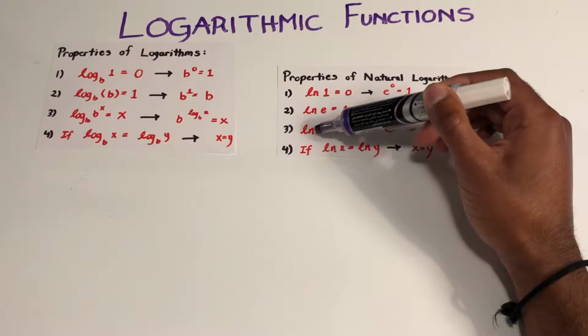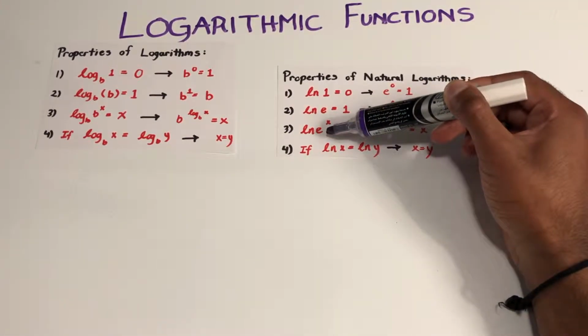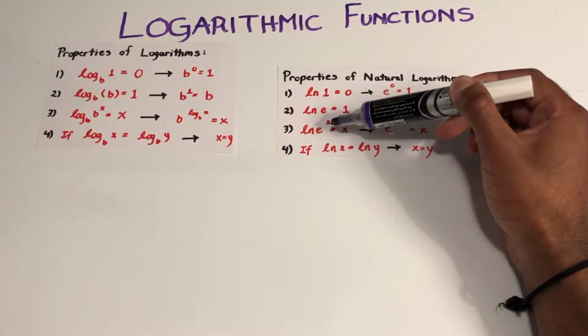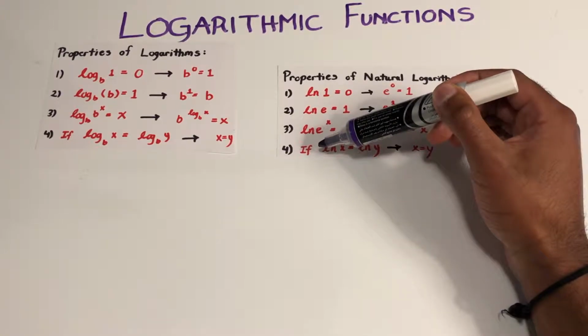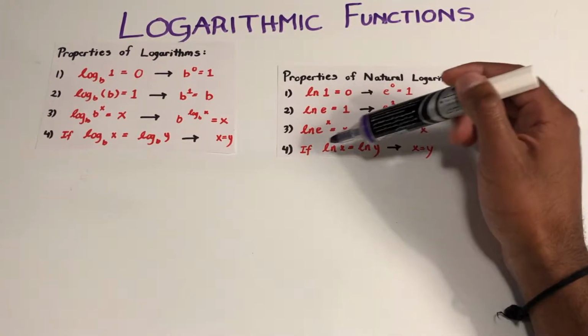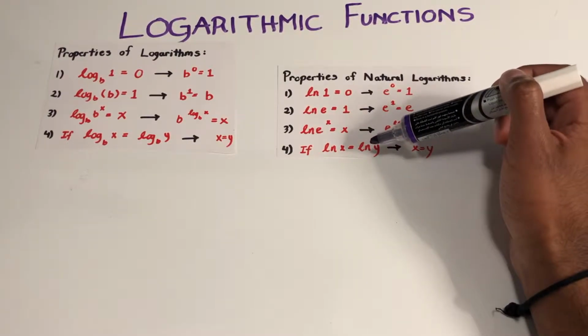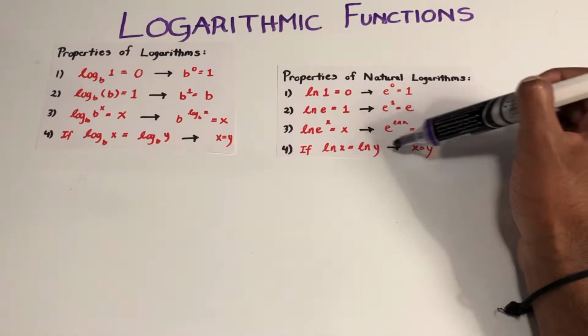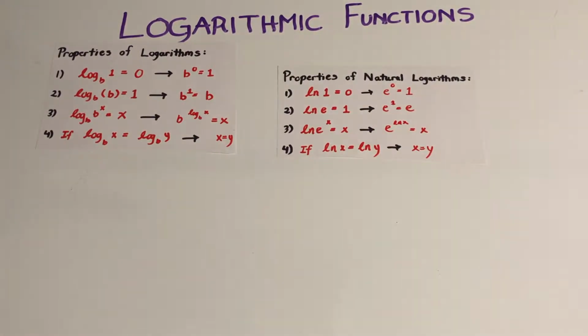So since this is 1, x is just going to drop down here, and that's going to give us x is equal to x, which is correct. In our fourth property here, we have if ln of x is equal to ln of y, then x is equal to y, which is what it says right here.